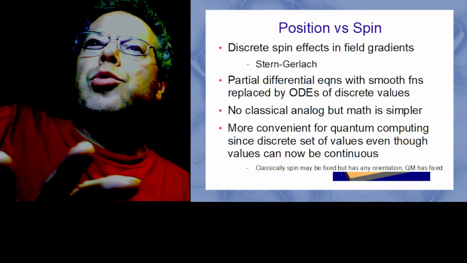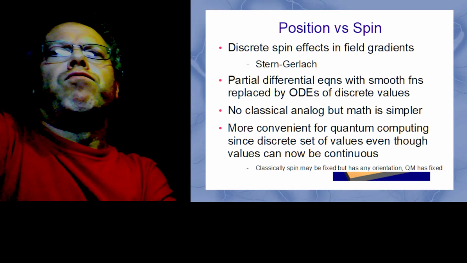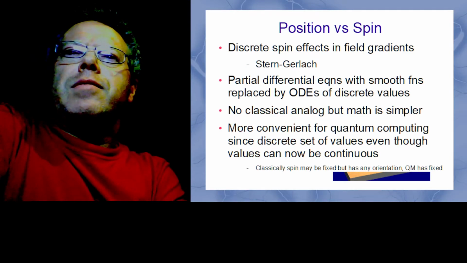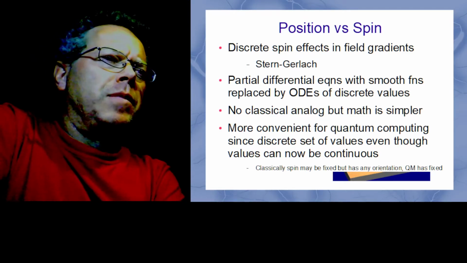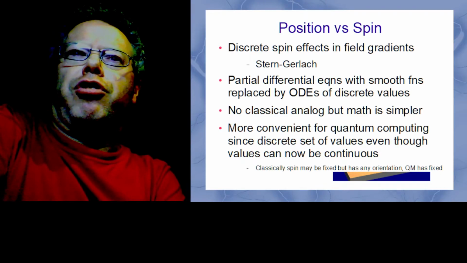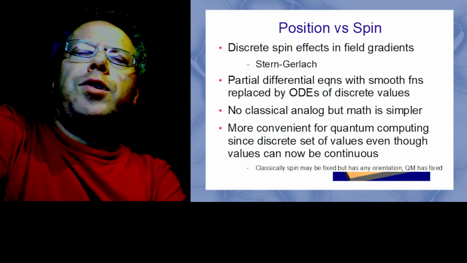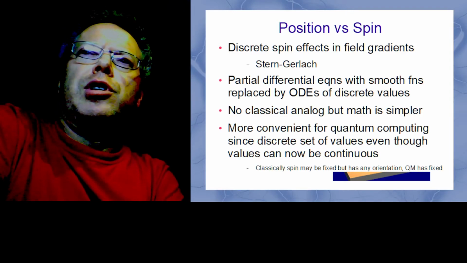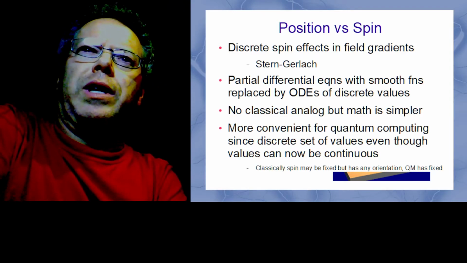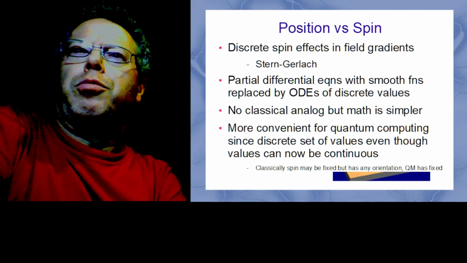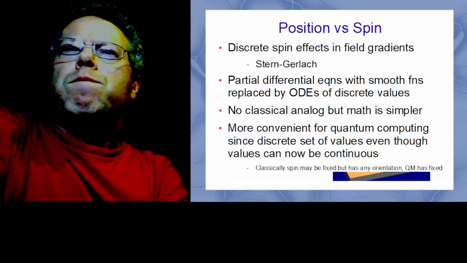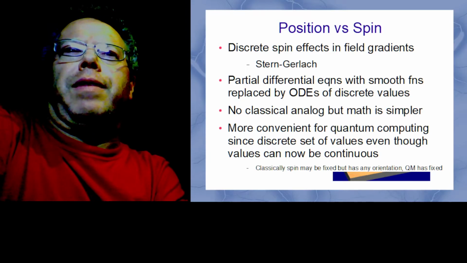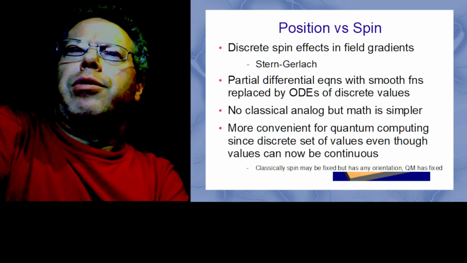Okay, so how about the two most intuitive variables, maybe position and spin. These are what we're always talking about. Like we can talk about momentum space and other things like that, but position feels like the world we live in. Things are described with respect to position. And spin effects, which are very counterintuitive.